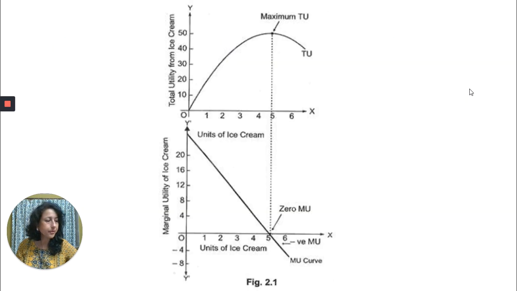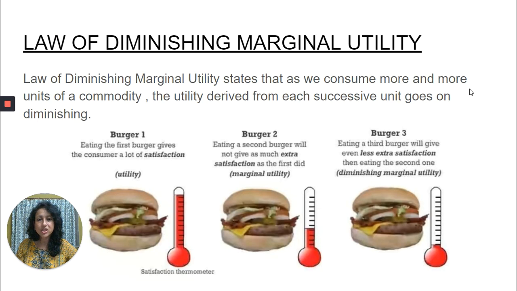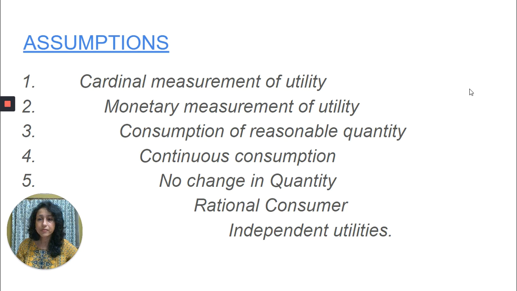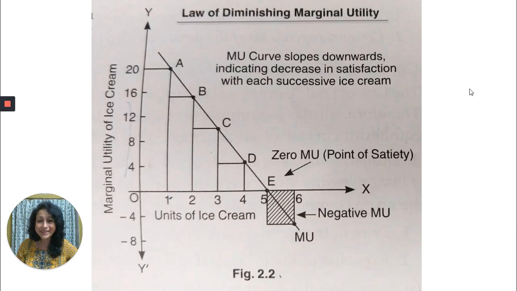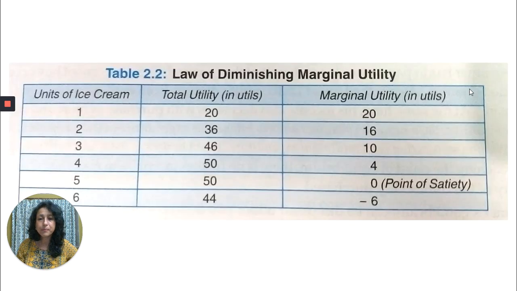So keeping these assumptions in mind, let's go back. The law of diminishing marginal utility, which I was saying, is that the more and more units of a commodity we have, the utility derived from each successive unit goes on diminishing. This law, we have converted it into a diagram on the basis of this schedule.